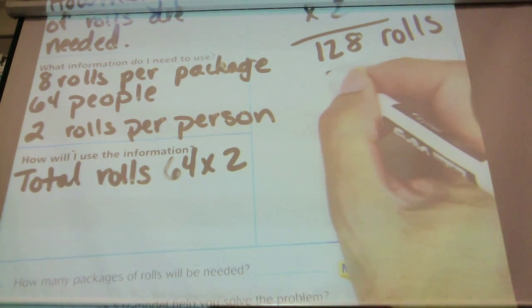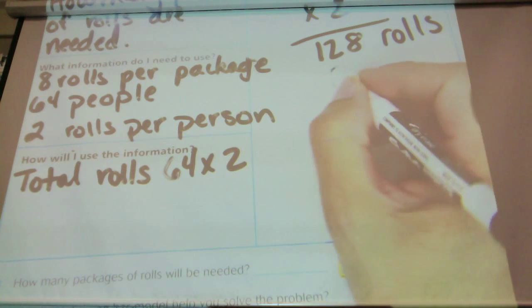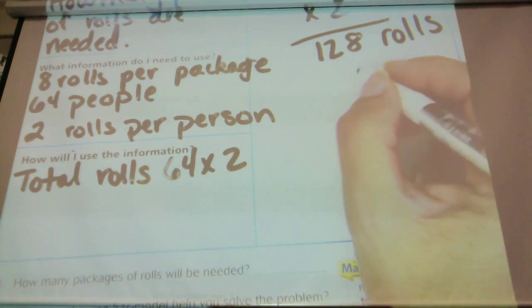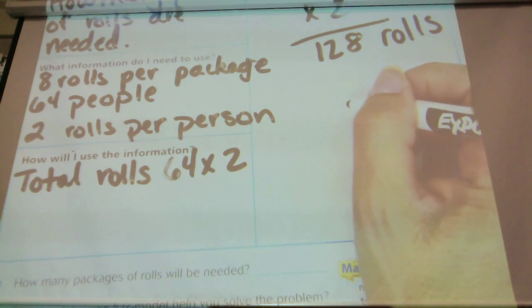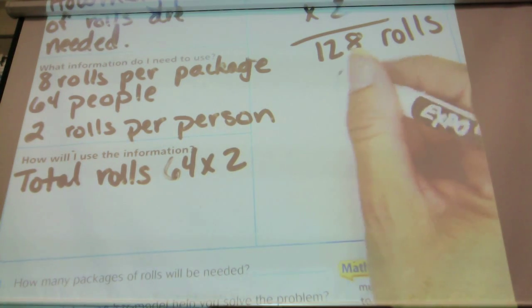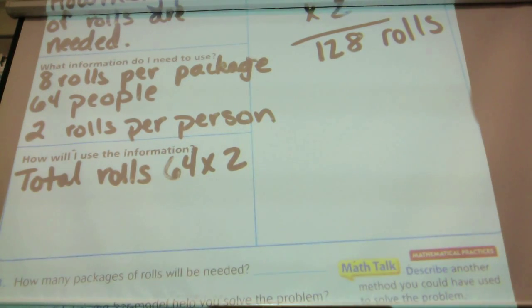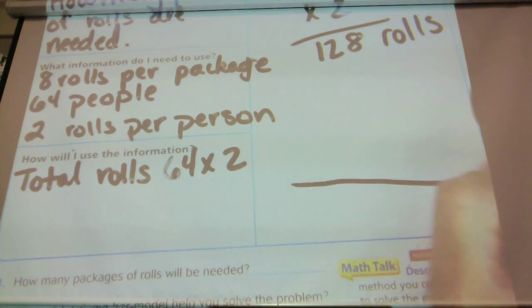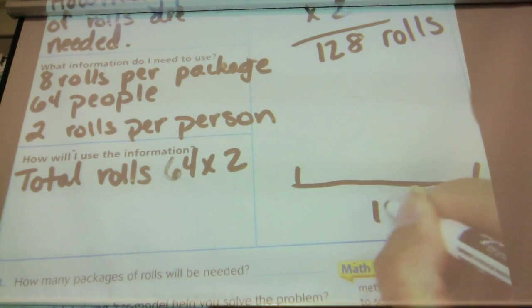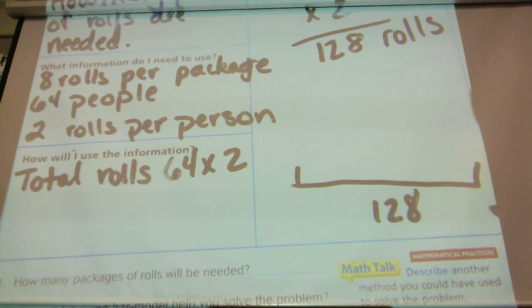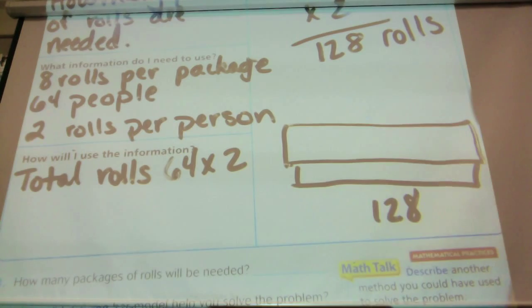128 rolls total. So if I have 128 rolls total, I can get 8 rolls per package. I'm going to do this. And I'm going to have some boxes here.